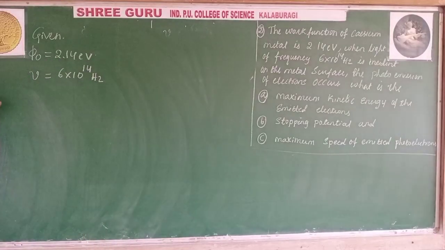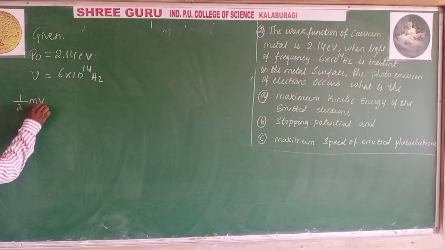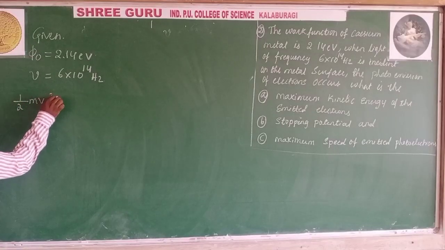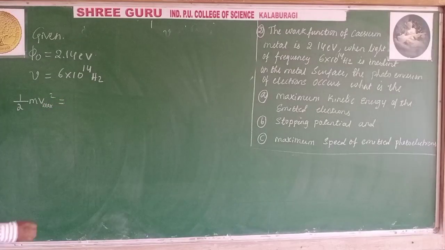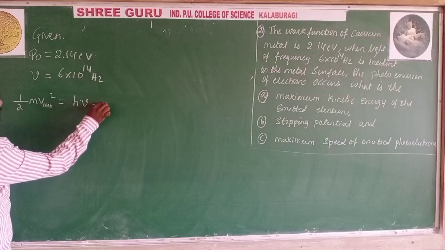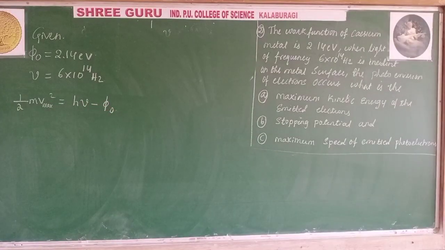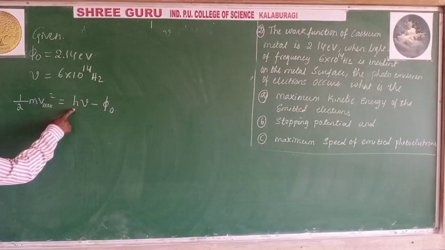Okay, now the first one: half m v max squared is equal to, what is the formula? That is h nu minus phi naught. h is the Planck constant.